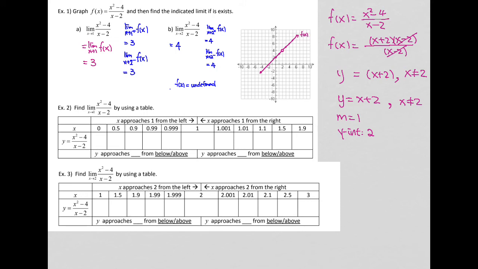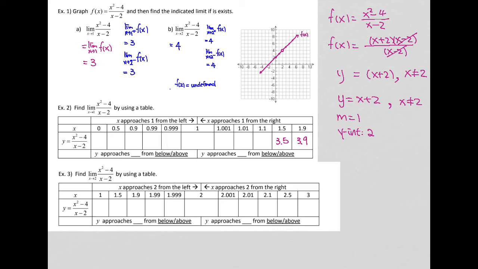As we're getting closer to 1 on the right, the x values are 1.9, 1.5, 1.1. It's getting closer and closer to 1 on the right. And what happens to the y value? Let's substitute in. When x equals 1.9, your y value is 3.9. When x becomes 1.5, it's getting closer to 1, and your y value becomes 3.5.